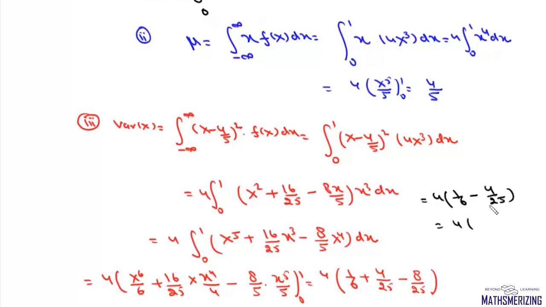So this is 4 and this is 25. 25 minus 24 is 1, and this is 6 into 25. This is 3 and 2. So its variance is 2 by 75.